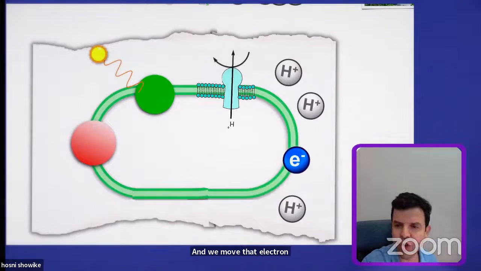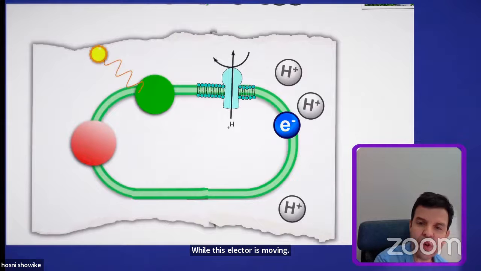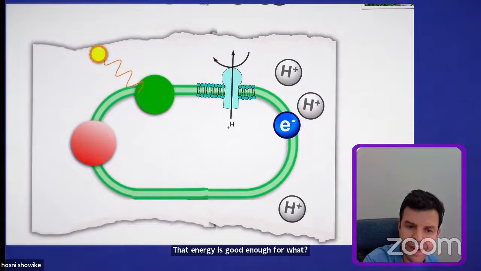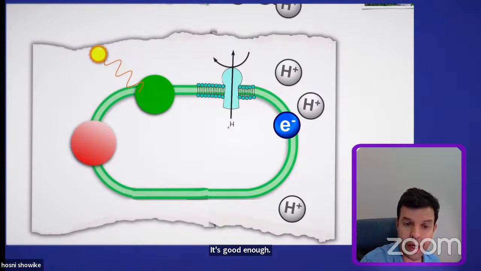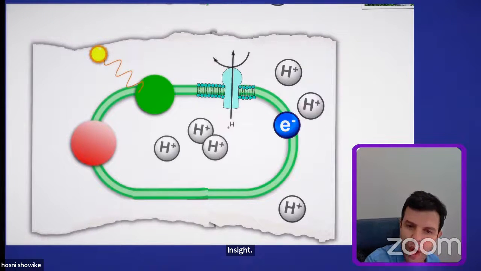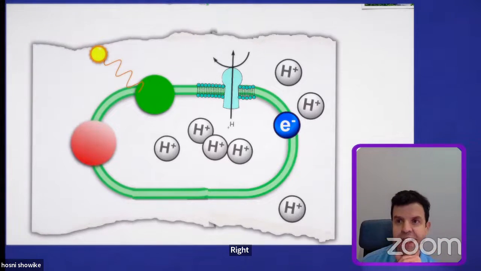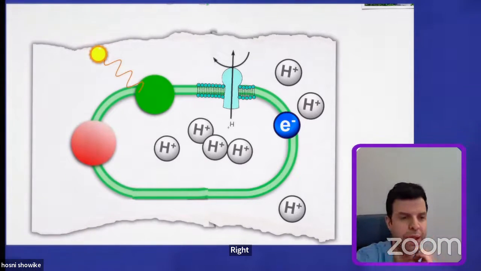While this electron is moving, it gives me energy. That energy is good enough for what? It's good enough to pack and pack hydrogen ions inside the thylakoid space. Just like this. Look. Right at this moment, they have so much potential energy inside the space.